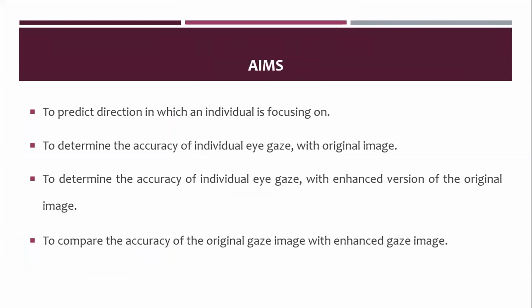The aim of this research is to predict the direction in which an individual is focusing first, and then to determine the accuracy of the gaze. That is, first of all with the original image, then after applying image enhancements to also determine the accuracy of the enhanced image, and then lastly to compare the results of both the original image and the enhanced image.